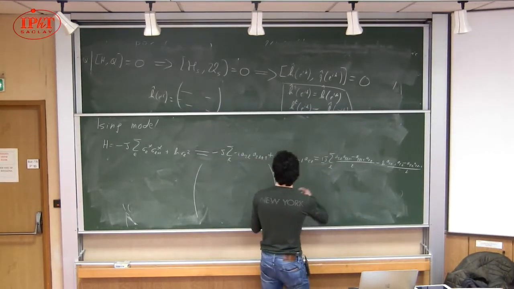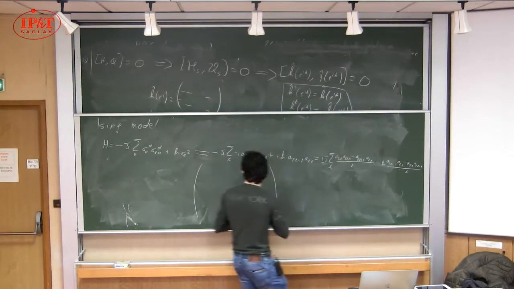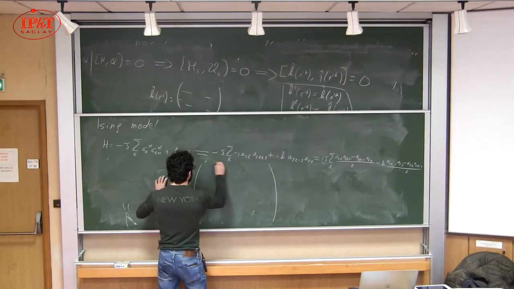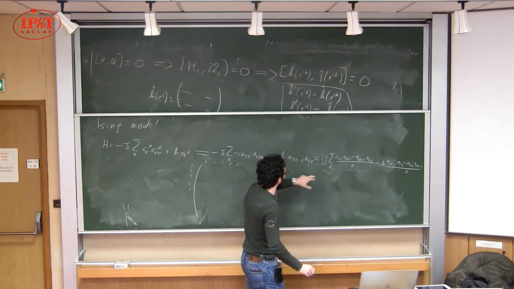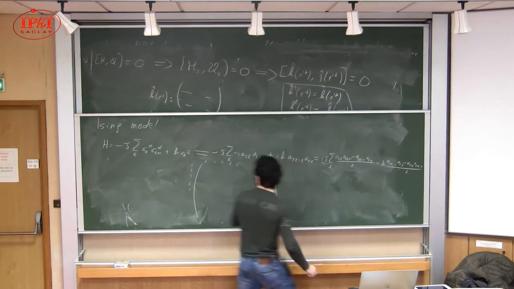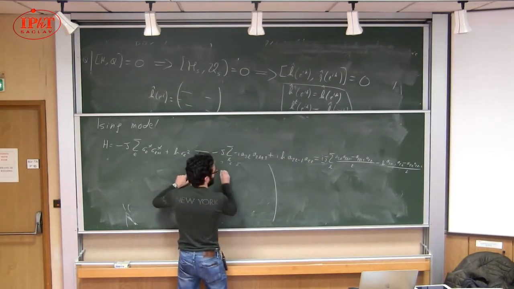So we have here the term a_2 that connects to a_3. So let's write it: 1, 2, 3, 4, 5, and 1, 2, 3, 4, 5. Then you have a term here which is 2 couples with 3, and it has a factor iJ over 2.